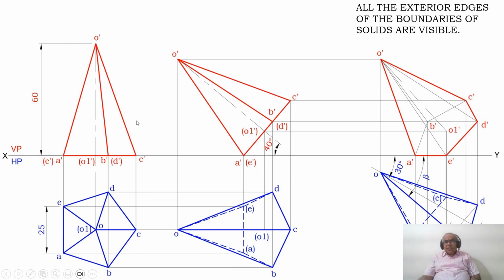So now here you join between O to B, O to C and O to D with a dark line, and join between O to E in bracket and also O to A in bracket. These two are invisible. Therefore, you join between O to E and O to A and A to B and E to D, and join between O to C. So this is all. You will be able to draw the third position top view.